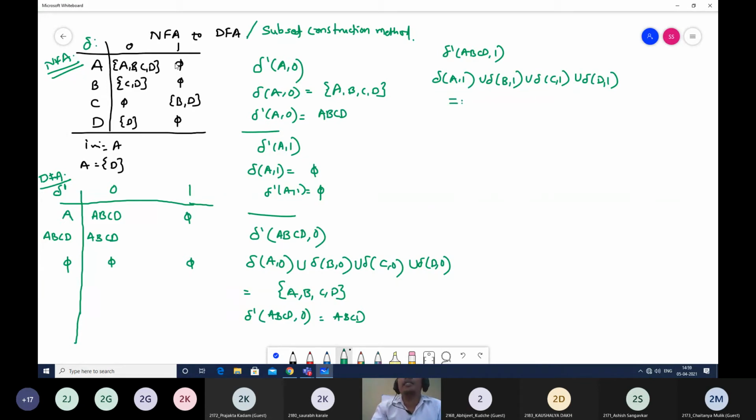It is phi. B comma 1 is phi. C comma 1 is B comma D and D comma 1 is phi. So this will finally come out to be B comma D. So my delta dash of ABCD comma 1 will be BD. Whatever names I am getting here in the form of set notation, I am writing that as a single state over here. So now my answer here is BD.